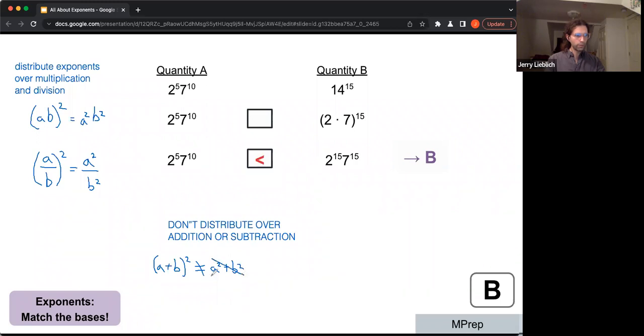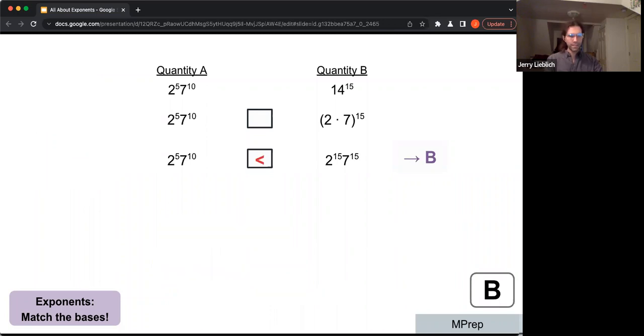No, no, no. Instead, we would need to FOIL that out, right? Because that's going to be A plus B times A plus B. And FOIL, which is kind of a different lesson, we would end up getting A squared plus 2AB plus B squared. Very different from A squared plus B squared. So I can distribute over multiplication and division, not over addition or subtraction.